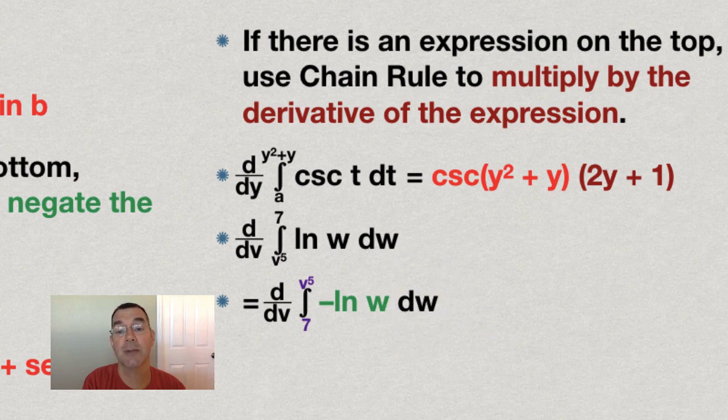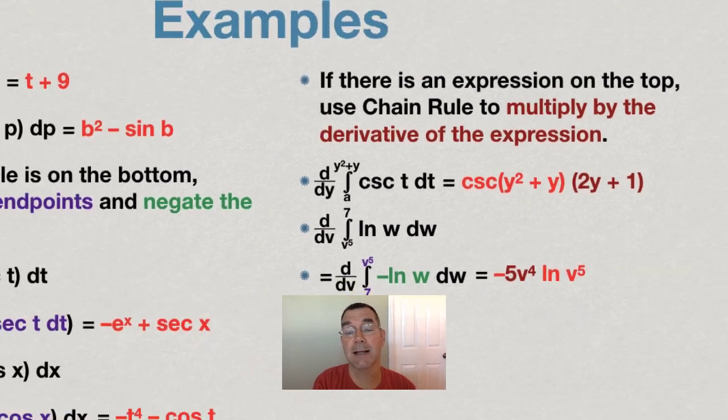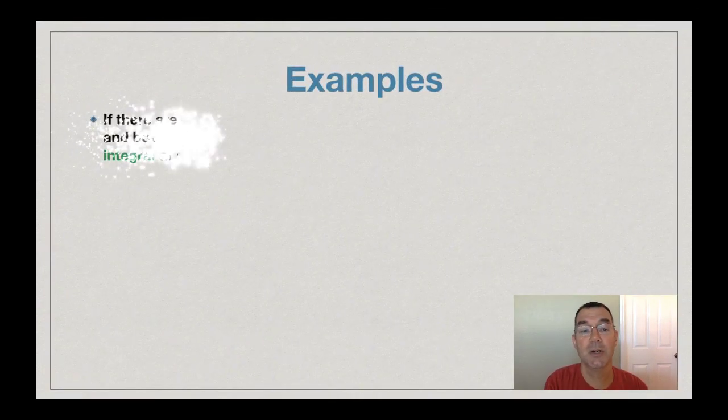So natural log of w becomes negative natural log of w, and now I'm ready to plug in v to the fifth into that natural log, and I get negative natural log of v to the fifth, and I multiply that by the derivative of v to the fifth, which is 5v to the fourth, and I get that as my answer there. So here's some more examples.